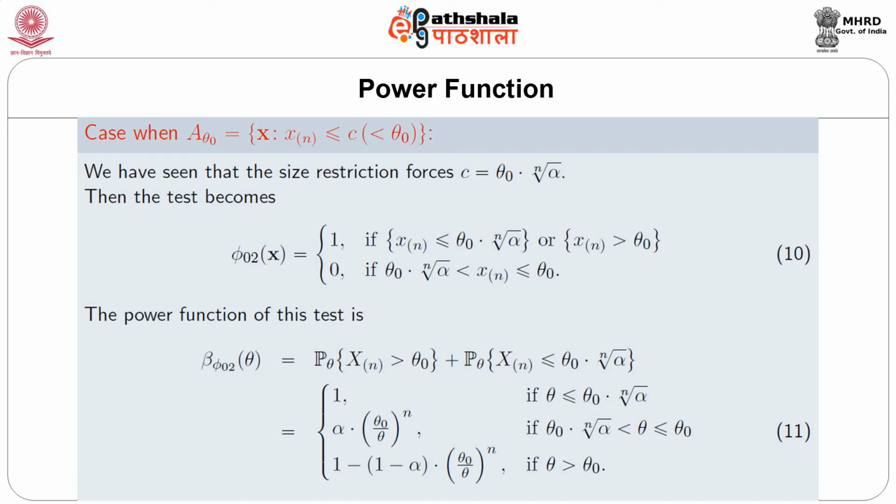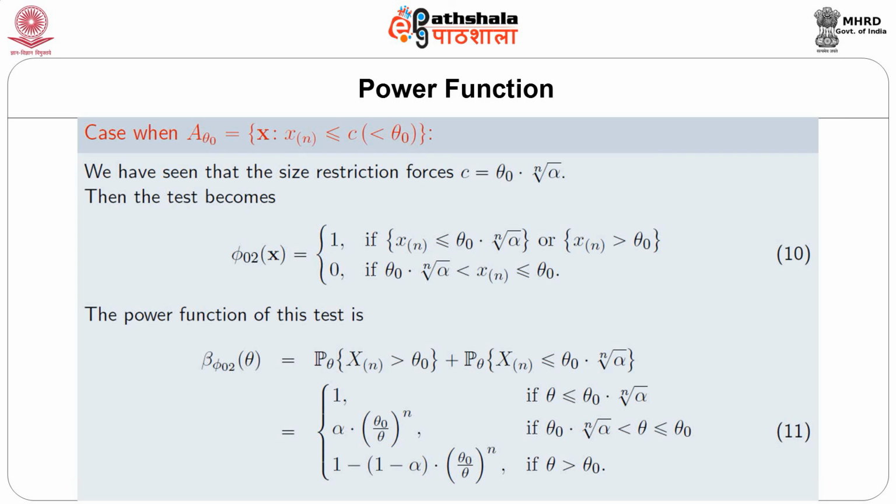Then the test becomes phi naught 2 of x is 1 if x order n is less than or equal to theta naught alpha to the power 1 by n, or x order n is greater than theta naught, and 0 otherwise. So, this is the form if we take this c as theta naught alpha to the power 1 by n and region A theta naught as x order n less than or equal to c.